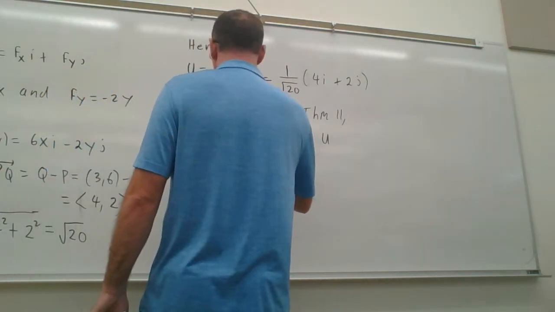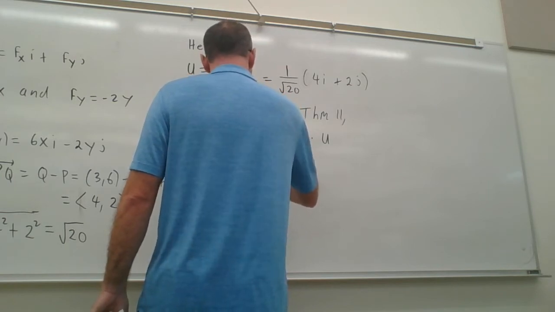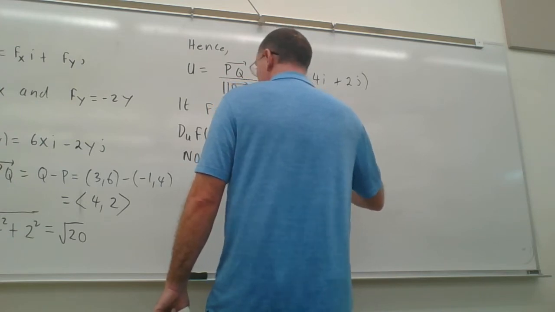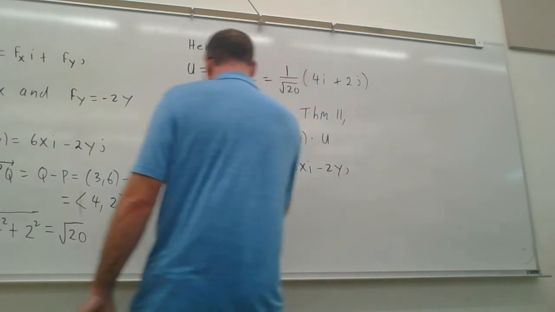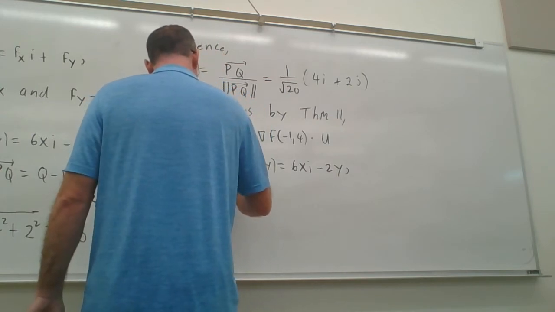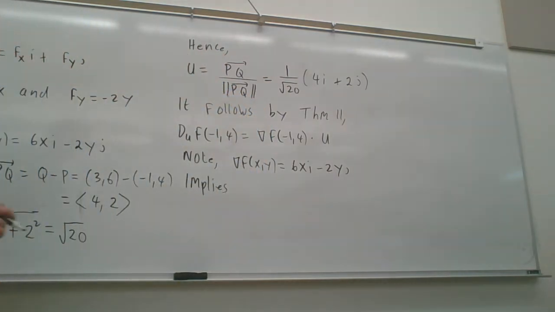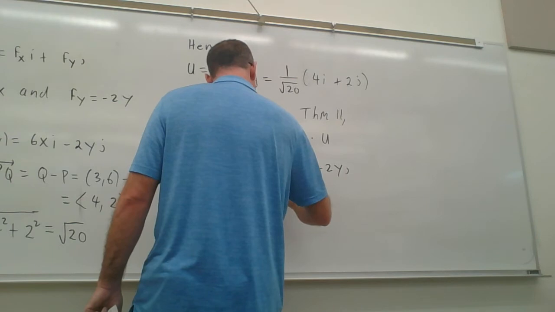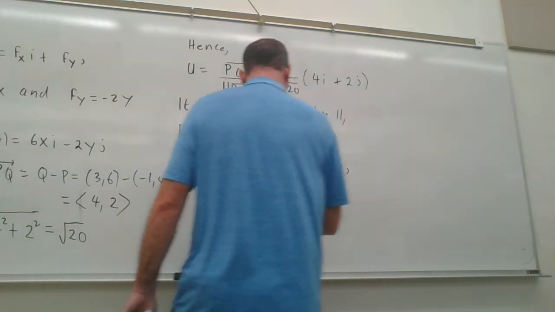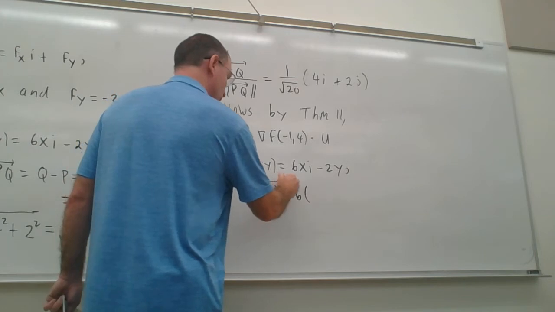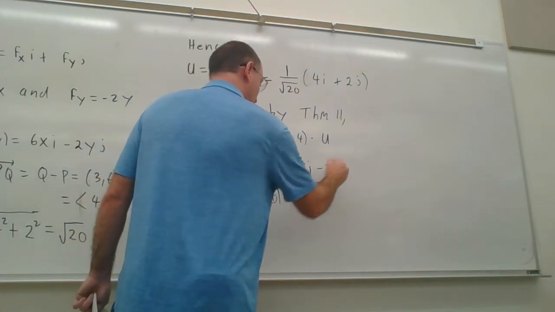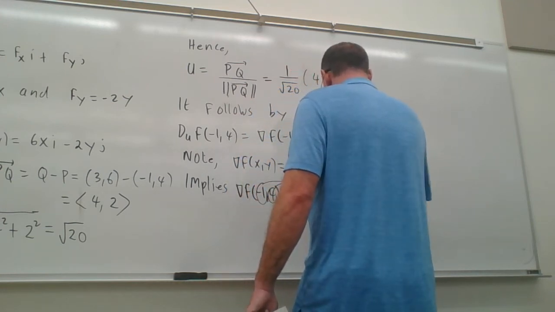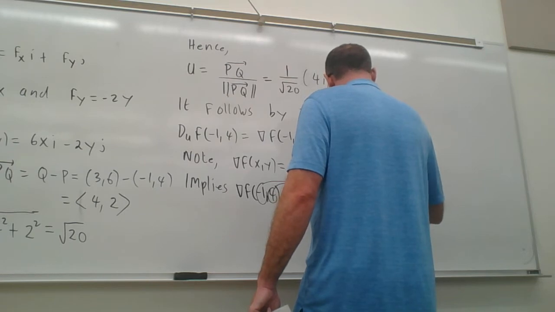So again, I can't see the gradient up there, so let me write it again. The gradient, we already found in general, was 6x i minus 2y j, which implies, when I evaluate the gradient at negative 1, 4, it will be 6 times negative 1 in place of x, i, plus minus 2 times 4 in place of y, j.